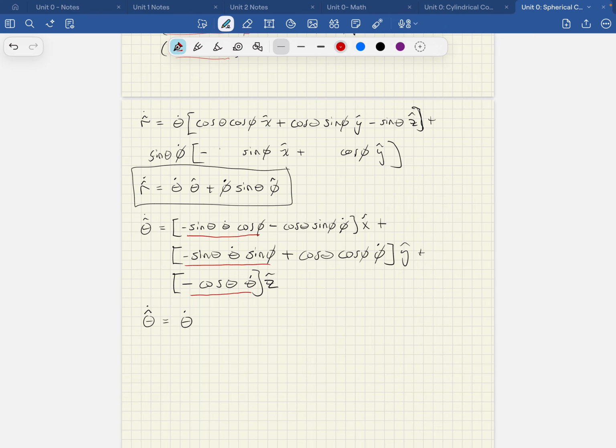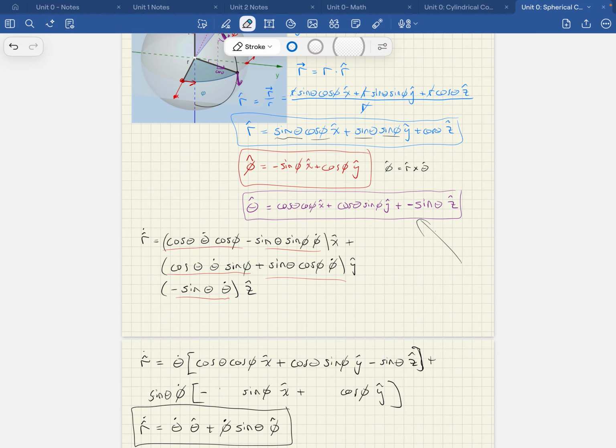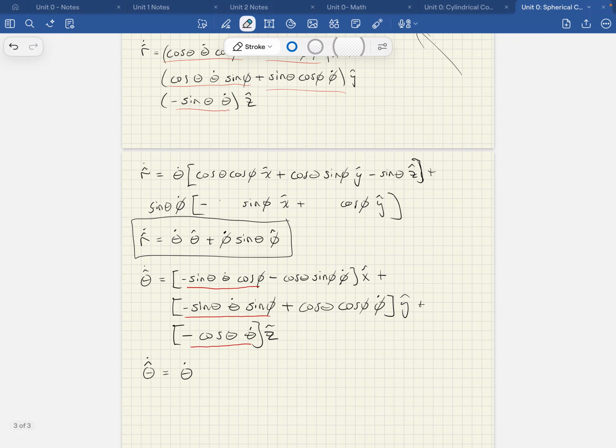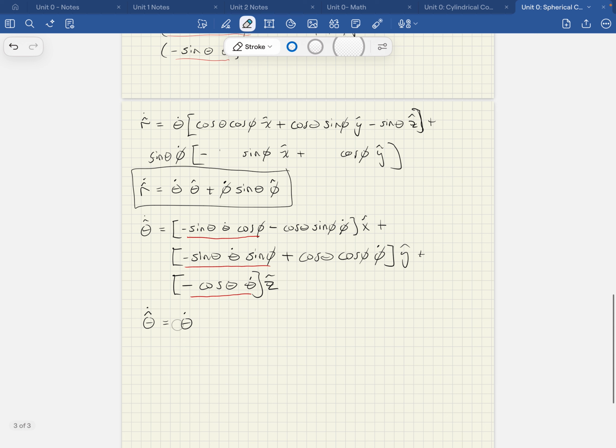So once we pull out the theta dot, we'll have minus sine theta cosine phi, minus sine theta sine phi, minus cosine theta, x, y, and z, and we can see that that is exactly negative r hat. So it looks like this is minus theta dot r hat.